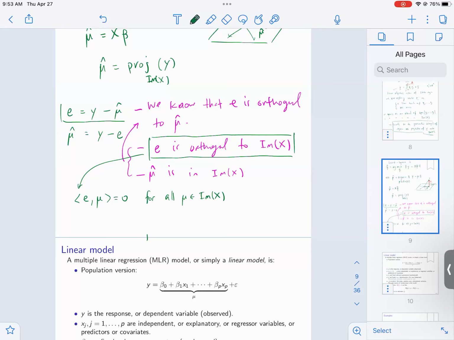Can I represent the elements in the image? Yes. Sorry? Kernel of X. So the kernel of X is a good subspace. Can you complete the sentence? What about the kernel?